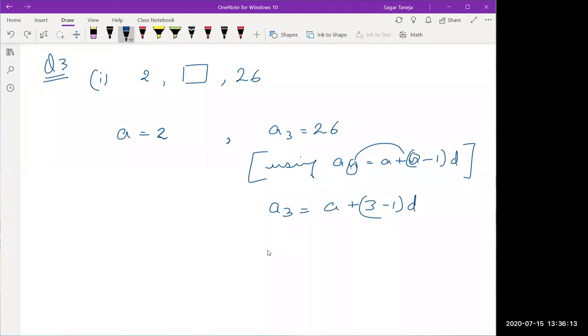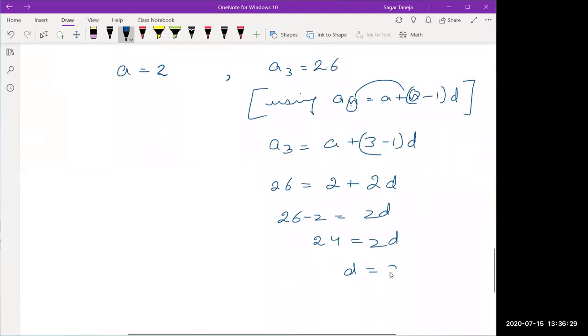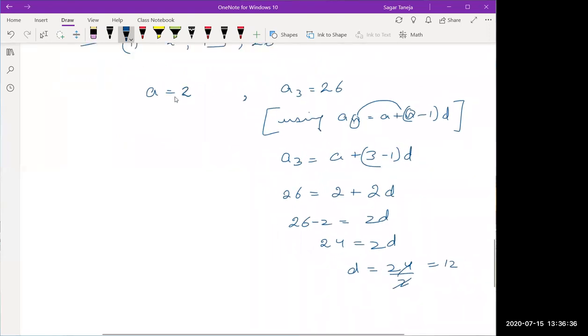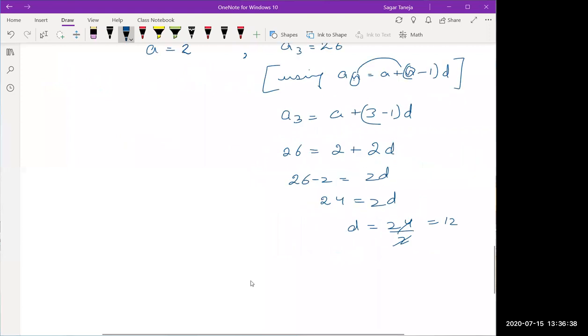See this, a3 is given 26 and a is given 2, plus this is 2d. 2 you can subtract this side and it is equal to 2d. 24 is equal to 2d and d is equal to 24 by 2, which is equal to 12.